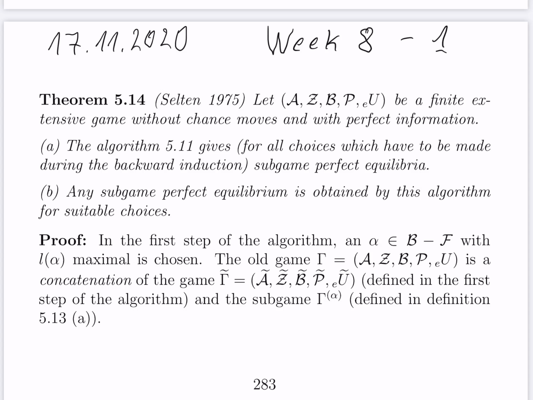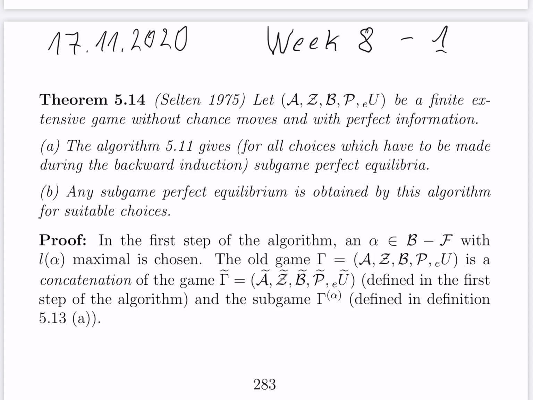So yes, in the first step of the algorithm, a non-final play alpha with maximal length had been chosen, and we had considered the restricted game, where this alpha becomes a final play, and we also considered the very small subgame which starts at this play alpha.